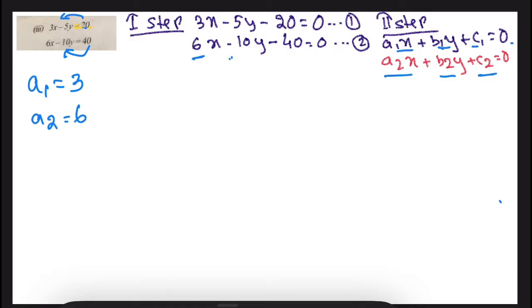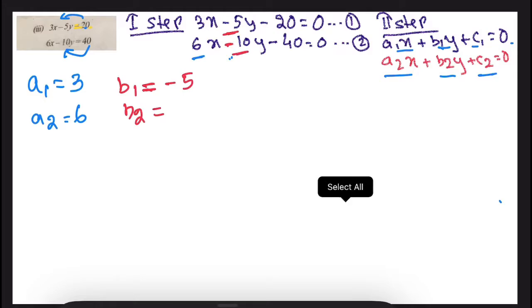Then b1. In the first equation, the y coefficient is minus 5, so b1 equals minus 5. Then b2, the coefficient of y in the second equation, is minus 10.